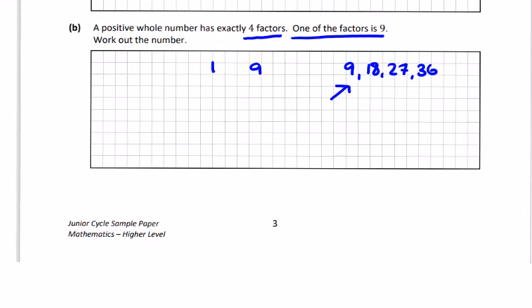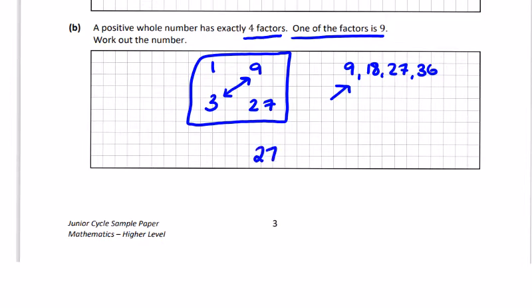So 3 has to be a factor, and 3 times 9 is 27. I think we have a number here with just 4 factors, with a little bit of process of elimination and thought gone into it. 27 is the number. You can just see there's only 4 factors of 27. The only way to work this out is just with a little bit of knowledge of factors.